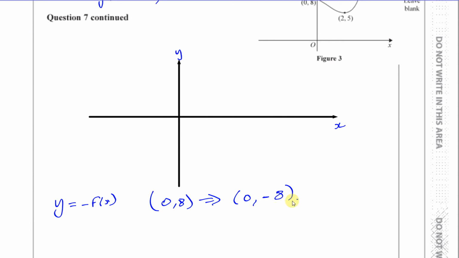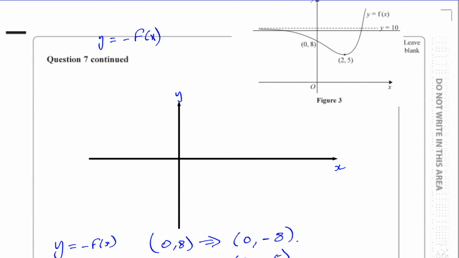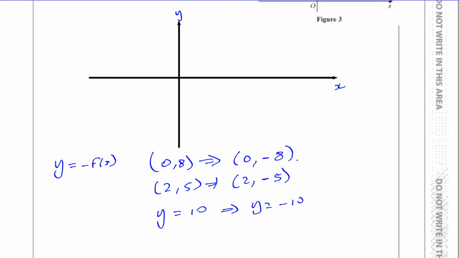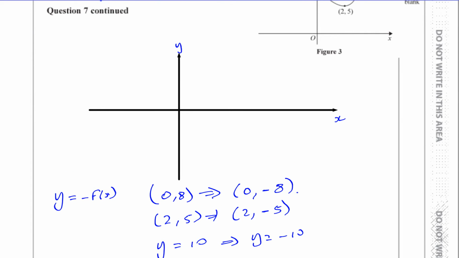And the point (2, 5), the x value remains unchanged, the y value changes its sign. And the equation y equals 10 becomes y equals minus 10. The asymptote changes.